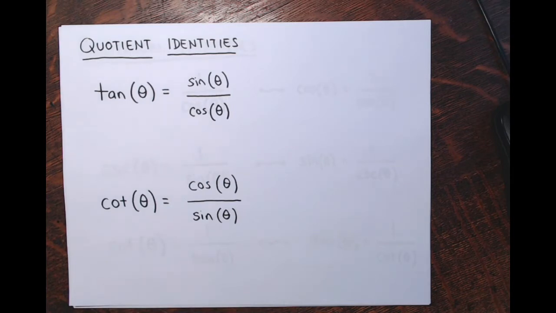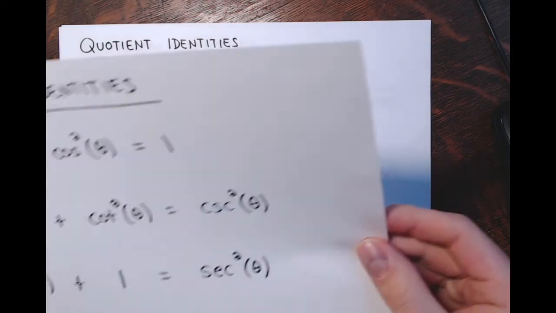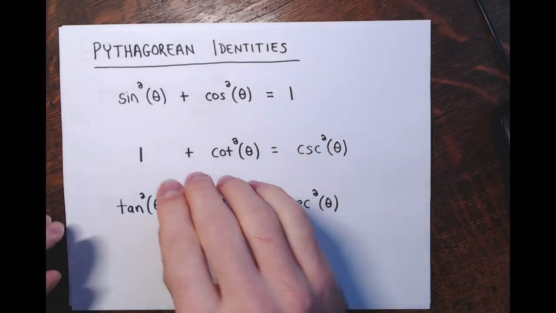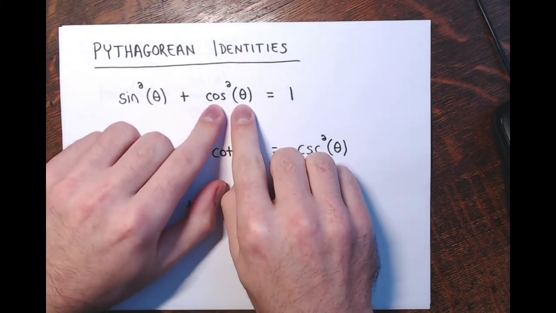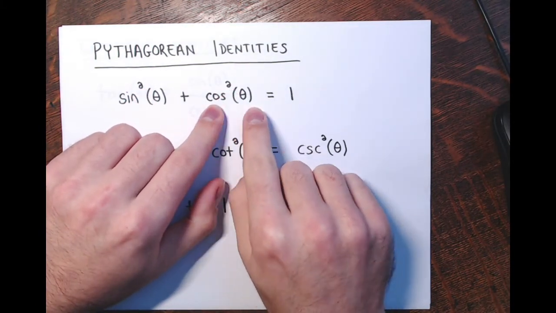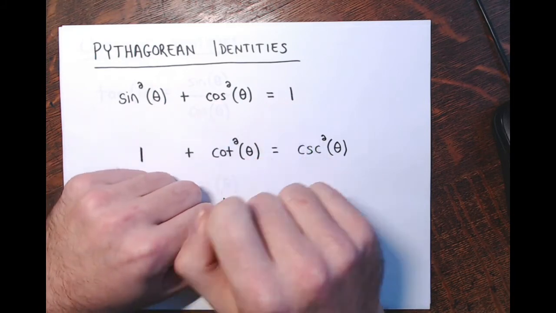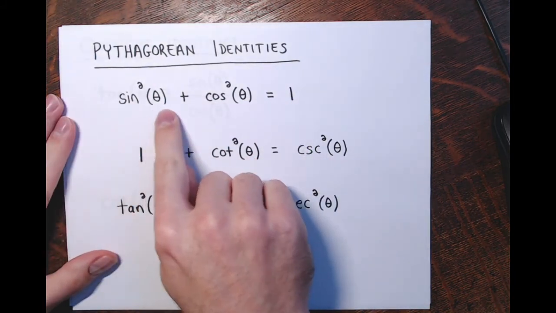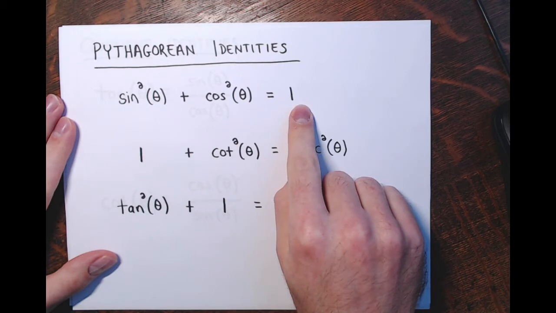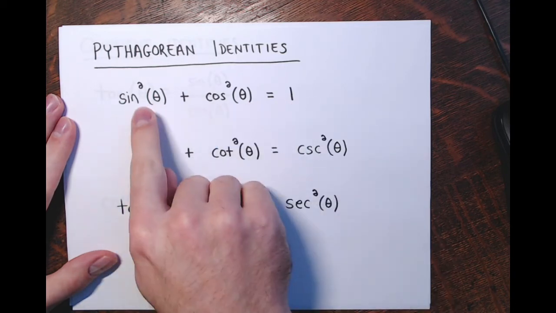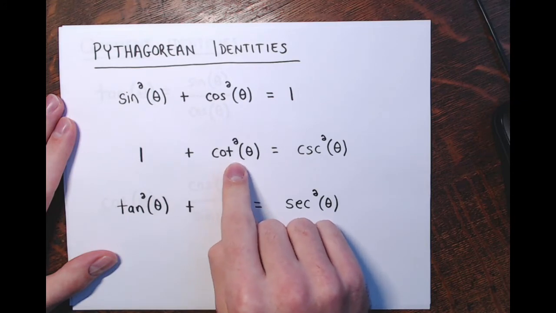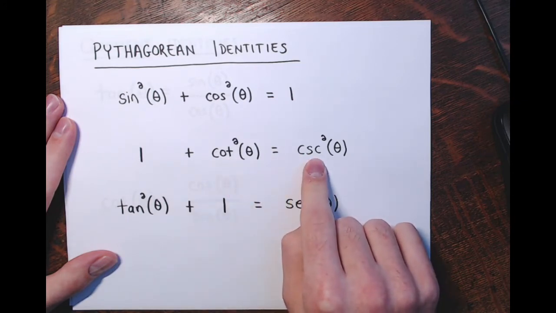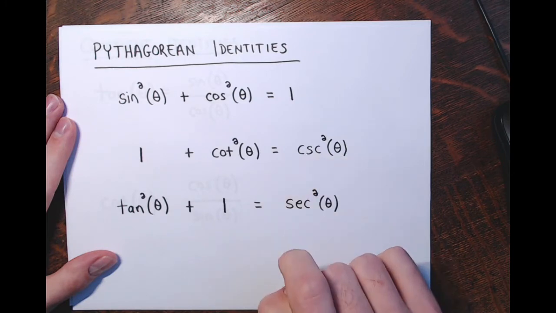And then one of the other sets of basic identities you had to know, they're not going to be used here, but were the Pythagorean identities. Remember, the sine of an angle squared plus the cosine of that same angle squared is always equal to 1. If I divide everything by sine squared, you get 1 plus cotangent squared of theta equals cosecant squared of theta.